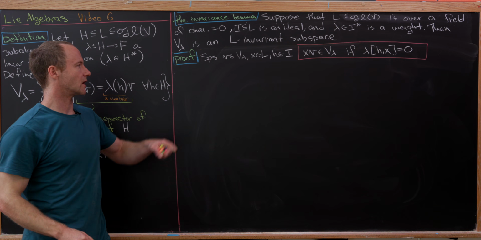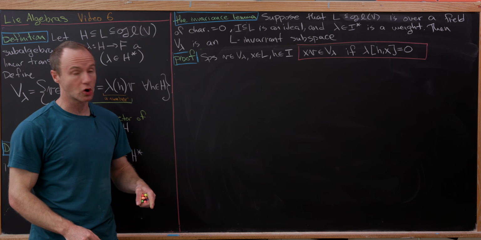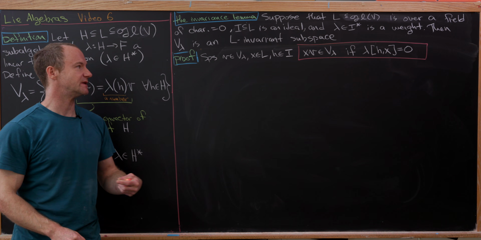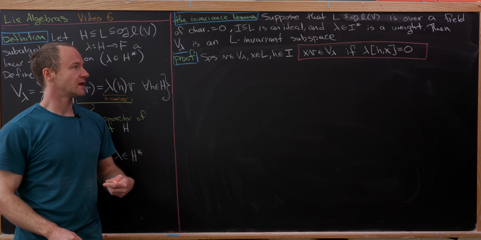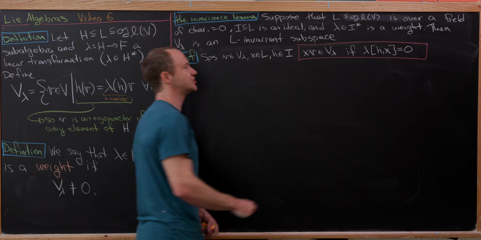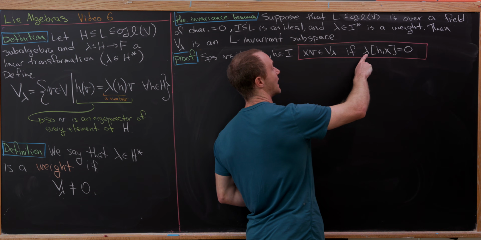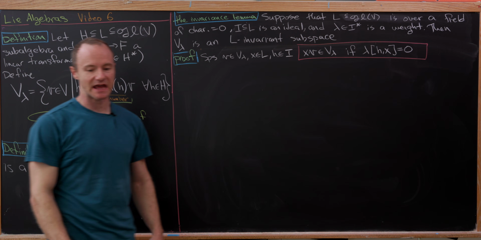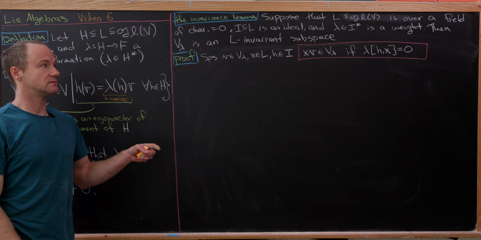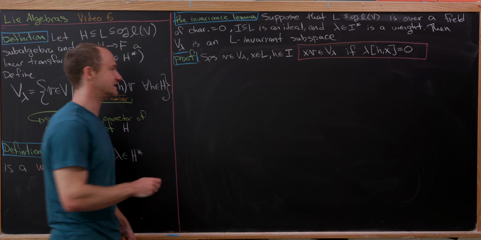Quickly recall where we are. So we had a v in v lambda, an x in l, and an h in I, and our goal was for xv to be in v lambda. And recall that that would follow if we showed that the bracket of h with x, and then applying lambda to that bracket, gave us 0. So that's how we'll finish this proof, by showing that that is indeed 0.